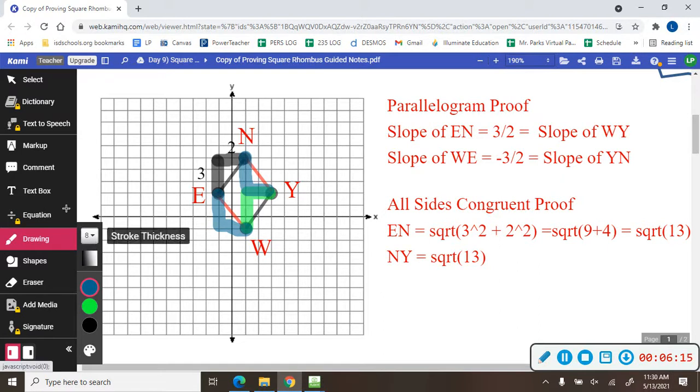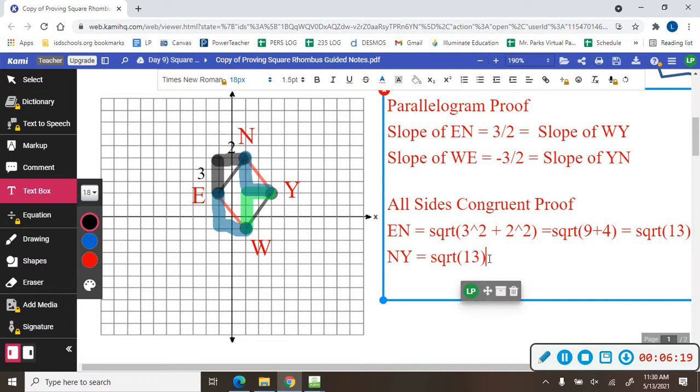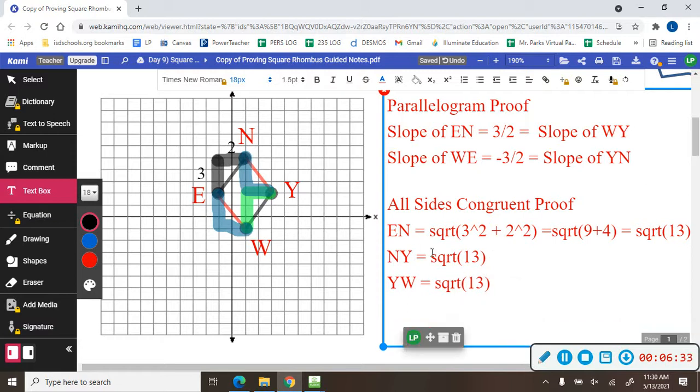So, based off the picture, I would say that NY equals square root of 13. YW is square root of 13. And EW is square root of 13.